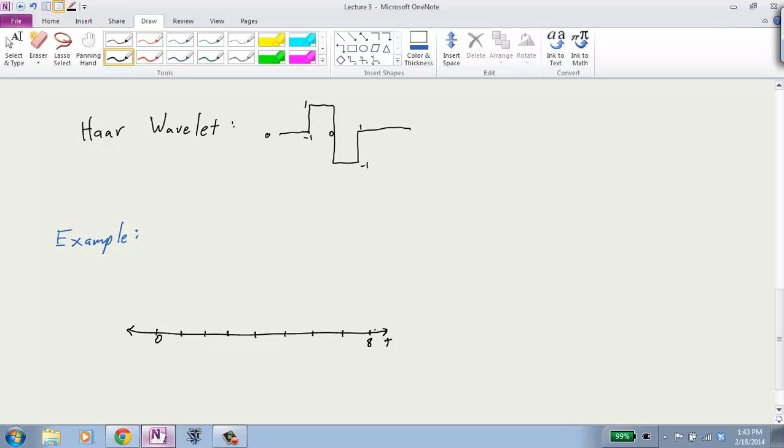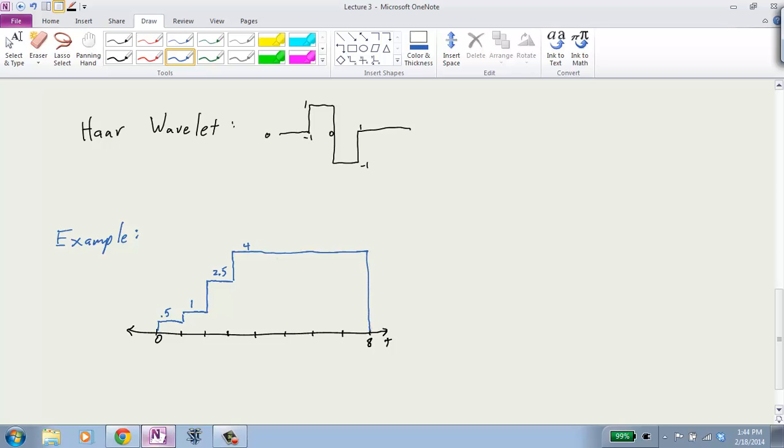Outside of that, we'll just assume it's 0. The numbers I'm using are: the height of this is 0.5, 1, 2.5, 4 the rest of the way. So this is a signal, and then it drops back to 0.